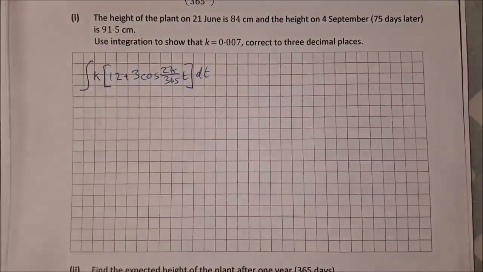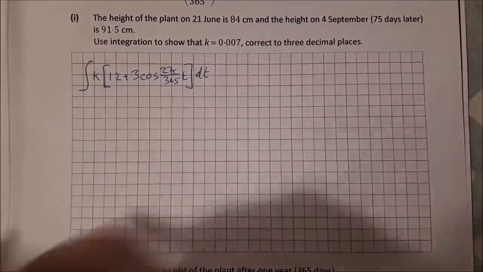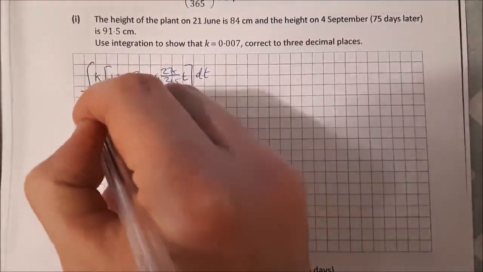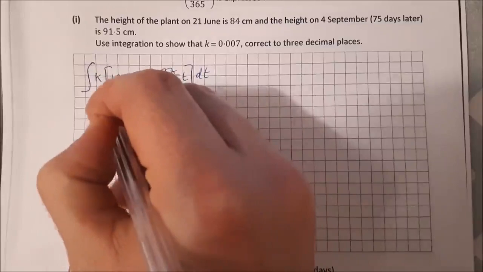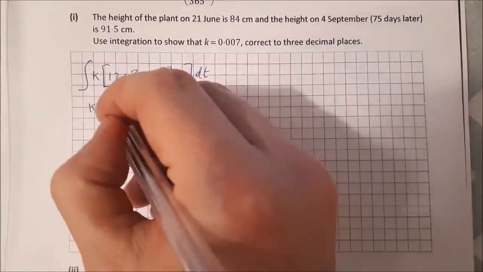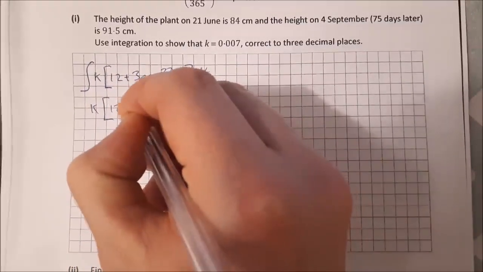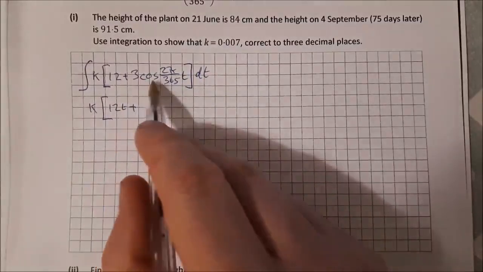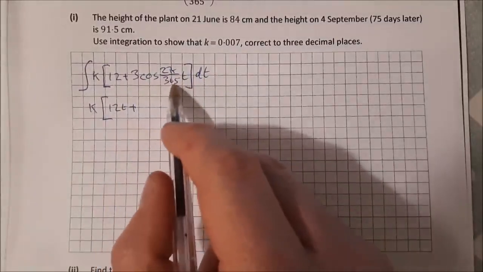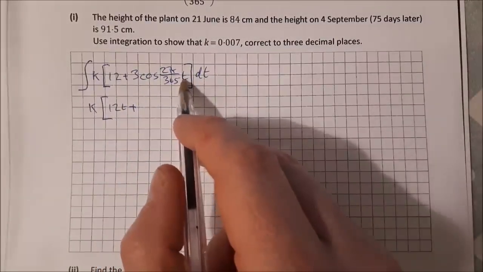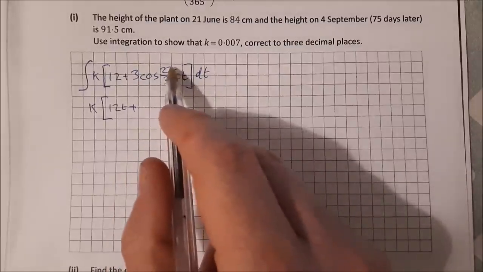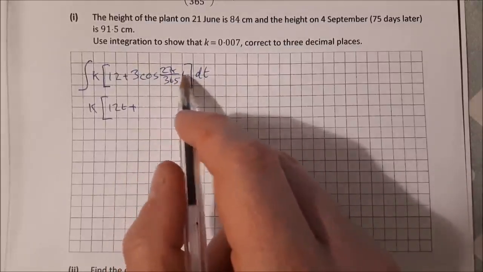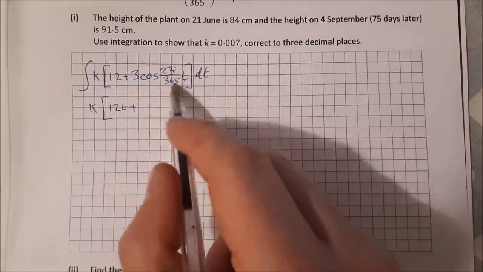So when I integrate this, what I get is k is a constant, so that doesn't change. It's k times, integrate 12, you get 12t, and integrate 3 cosine of 2 pi over 365 t, you get 3 cosine 2 pi over 365 t divided by this here again.